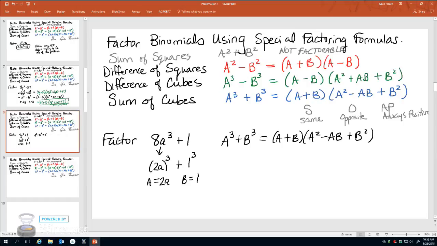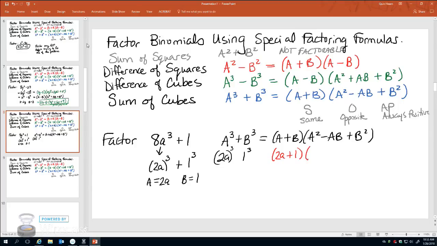Now our pattern is fulfilled when a is 2a and b is 1. So everywhere we have an a in the formula, we're going to put a 2a, and everywhere we have a b, we're going to put a 1. So that's going to give us 2a plus 1.